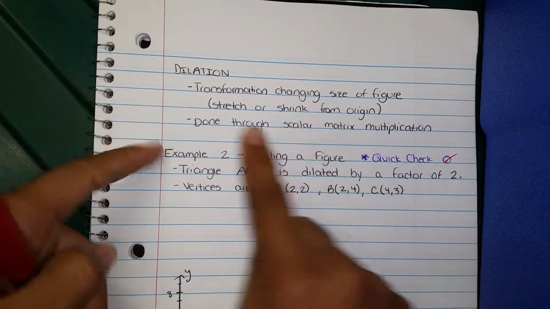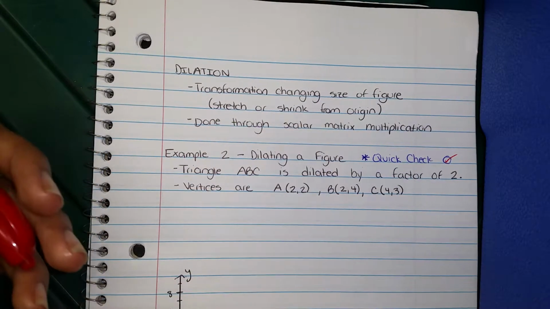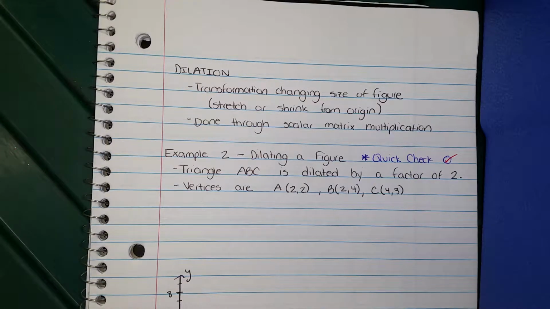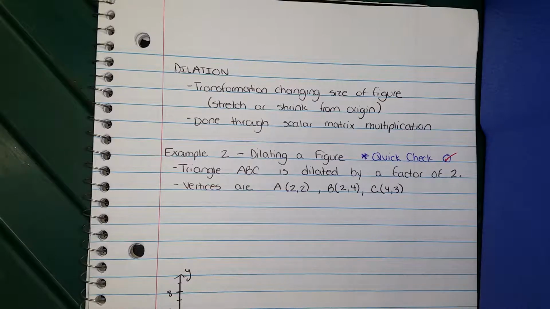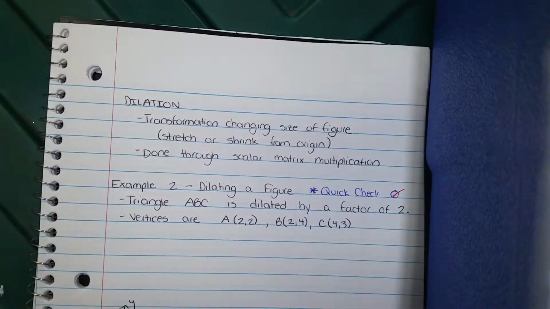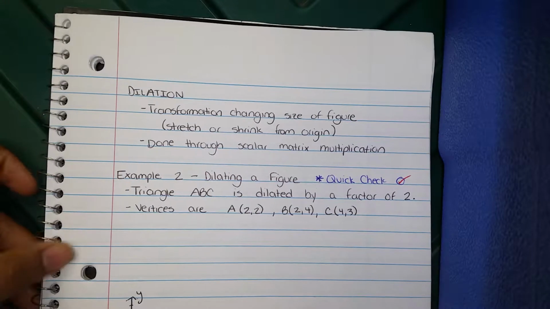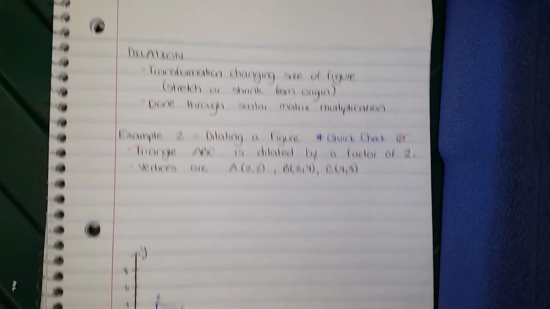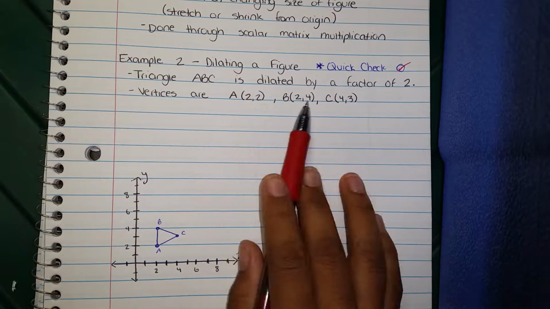You're increasing it, stretching it, or shrinking it from a certain position, which is the same type of transformation with the figures we're going to do. I'm going to do example 2. I can't do the real world problem because it involves the stretching of an image of a tiger, which I am not going to draw, but I can show you with some points that I made up here.